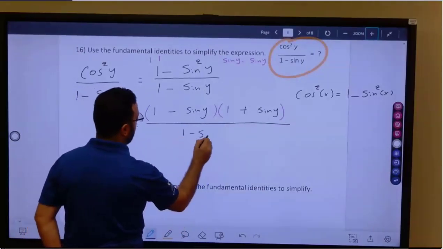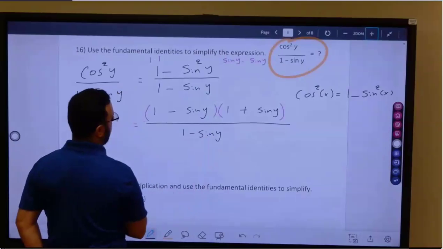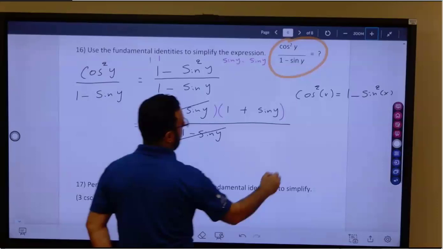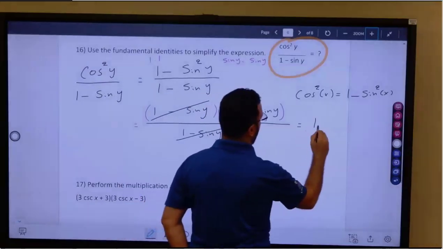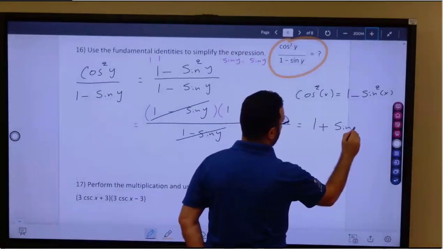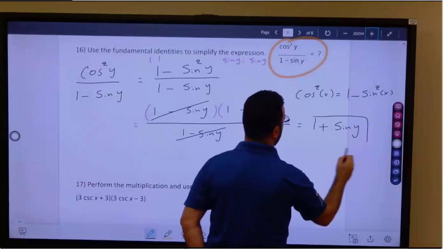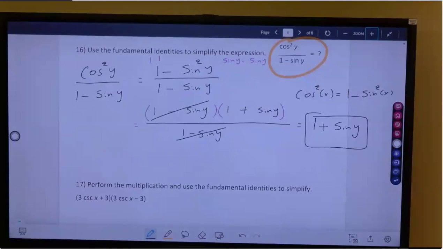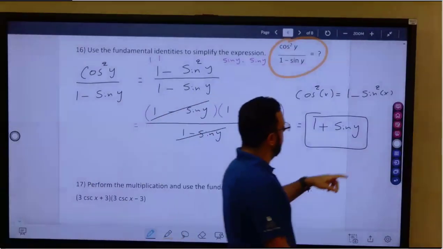Over 1 minus sine y. So now we're going to cancel this one, put the whole thing here. So the result is going to be 1 plus sine y. So here's the solution for problem 16. Let's go to the next problem.